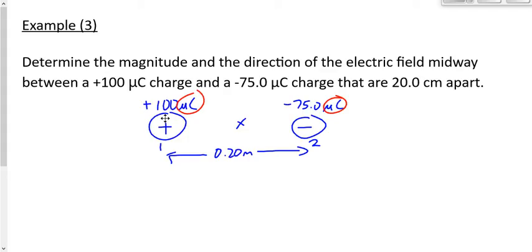Which way does the field point at point X as a result of a positive producer? Toward the producer or away from the producer? We know this, right? Toward a positive or away from a positive? The field always points away from positive.